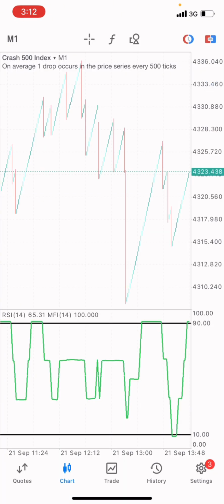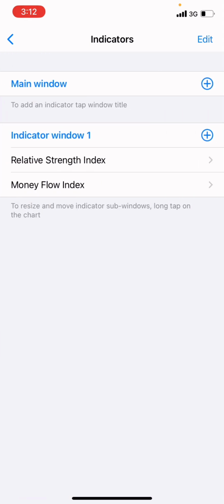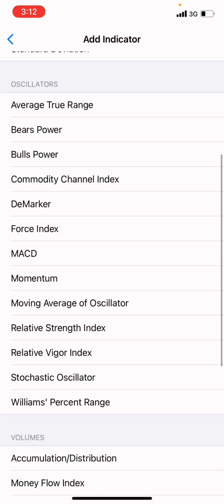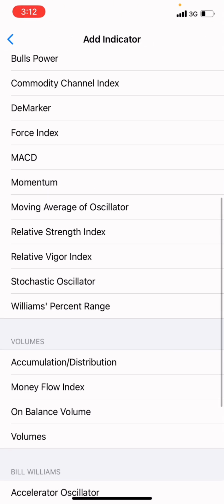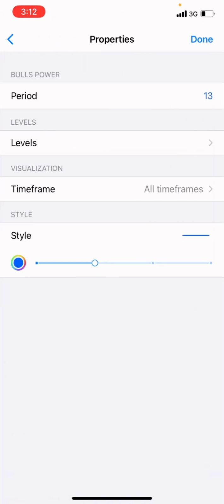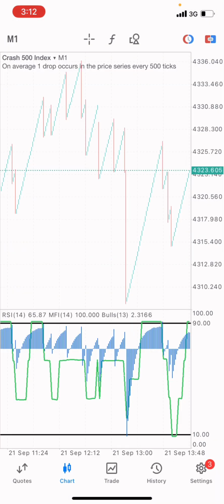Then the third indicator which we are going to use is the Bulls Power. We'll put that on indicator window 1 as well. The Bulls Power indicator right here, period 13, then you put it on 2 pixels. You put the color blue or any color of your choice, as long as you understand what you are doing on the market.